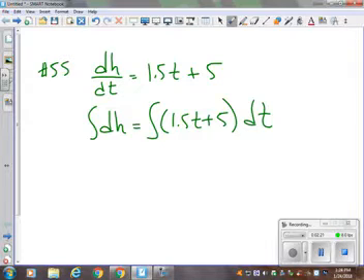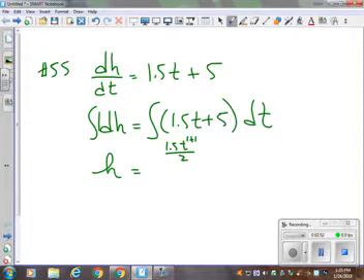So integrating dH is just h. And that may not make sense to you because you don't see a constant to change it back to a linear, but what constant do we not write? 1. So that 1 became 1h from a constant to a linear. And then over here, we're going to take 1.5t and add 1 to the power and put it on bottom.